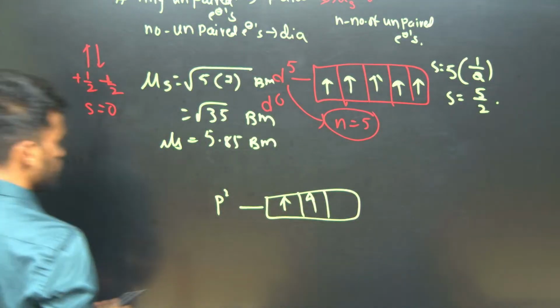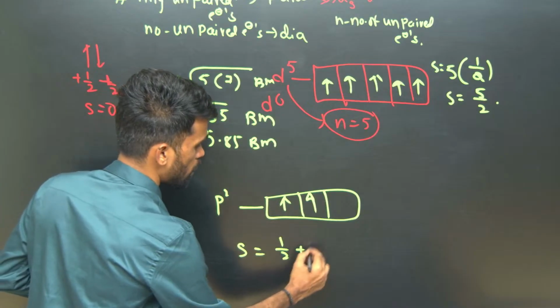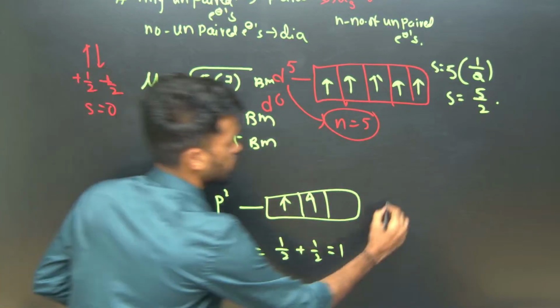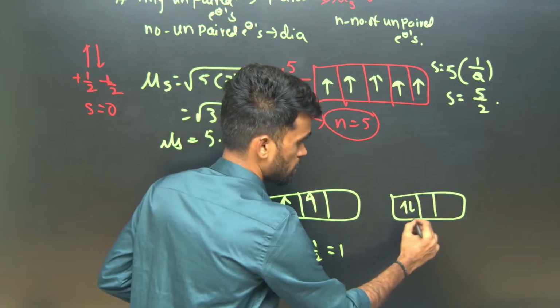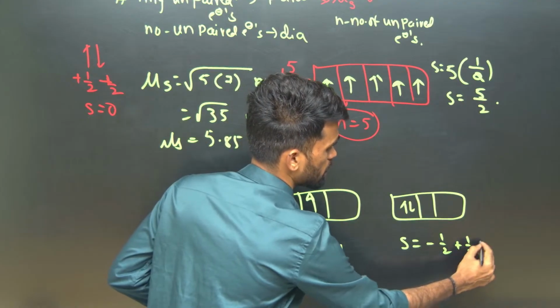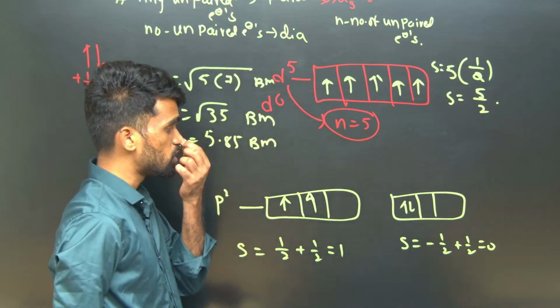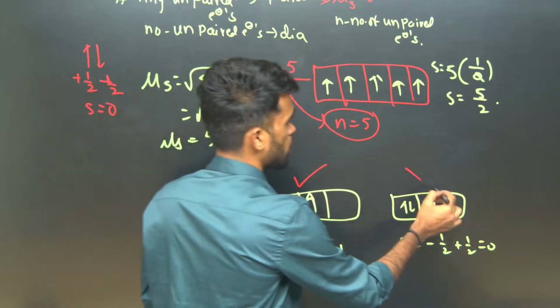So what is the spin you will get? Half plus half, it will be 1. If they are with opposite spin like this in the same orbital, what happens to the spin? Minus half and plus half becomes 0. And by following Hund's rule of maximum multiplicity, this is the proper representation and not this one.